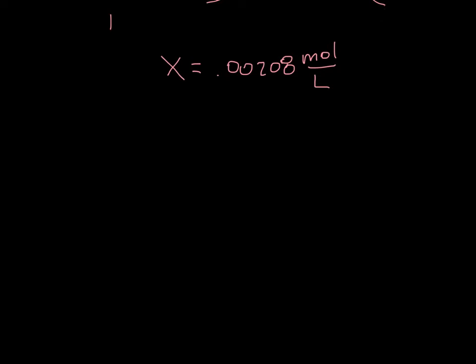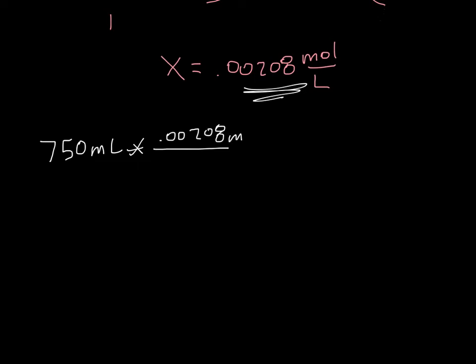So I'm just going to do some quick dimensional analysis. 750 milliliters times... In order to get a concentration of 0.0208 moles per liter of lead-2, I must have dissolved 0.00208 moles of lead-2 fluoride in every 1,000 milliliters of water.